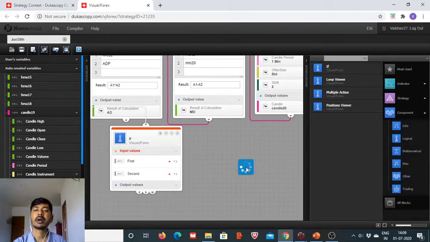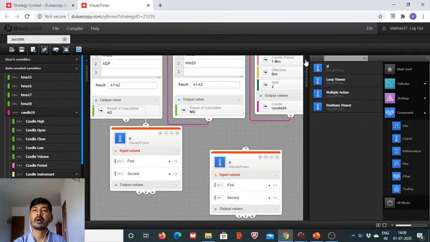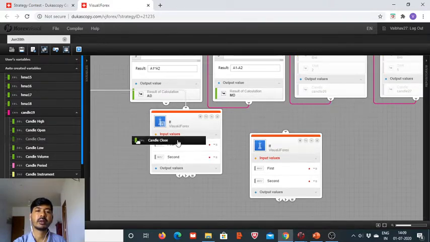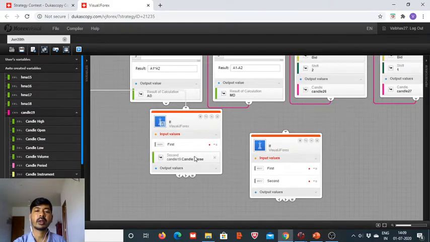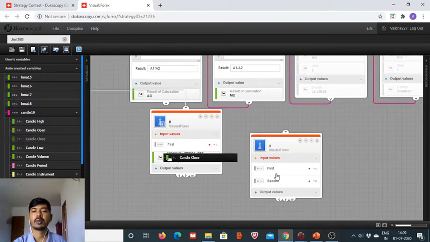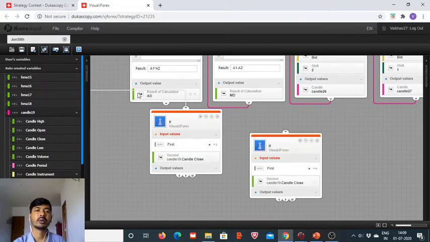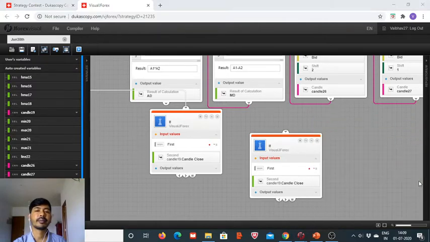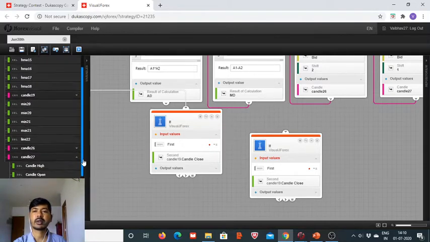For that we are going to need one more if block, and here it comes, candle 19's closing level, one more if block, and then we have to check for the candle 27 and candle 26 closing level.